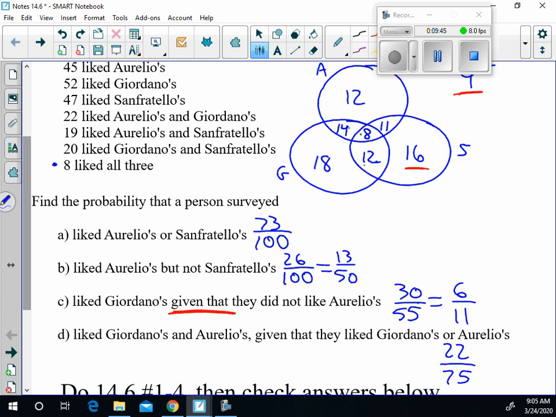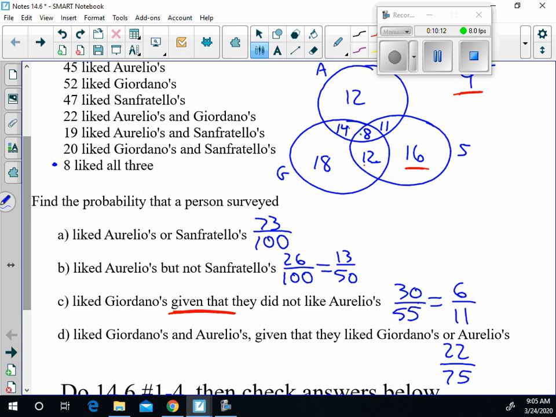Okay. Now, here's what I would like you to do. I'd like you to take out worksheet number 6. You will see that at the top of worksheet number 6, there are 4 questions. For number 1 to 4, it says draw a Venn diagram for each problem. I would highly recommend you go and do that right now. Pause the video, come back in a few minutes, and I will go through how I came up with those Venn diagrams.